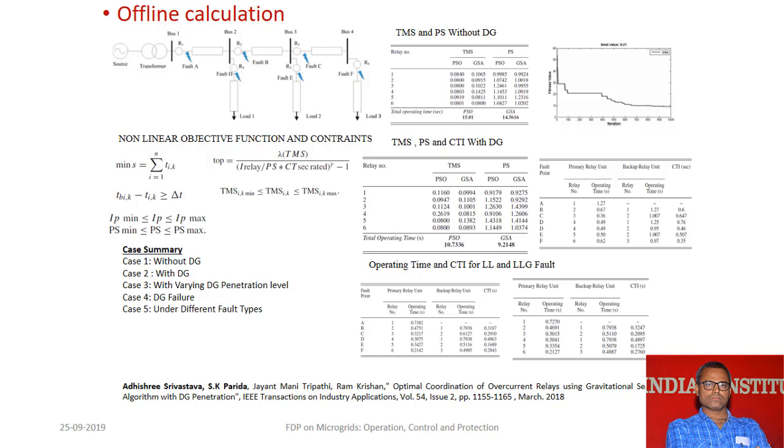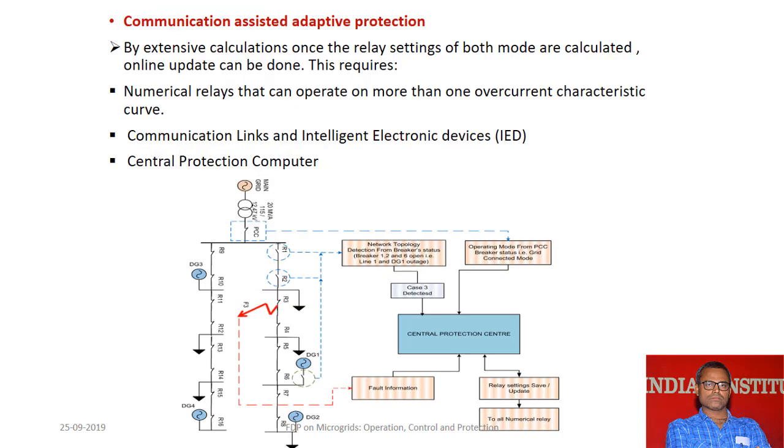So here the objective function is to minimize the operating time of the relay, right? This is another type of scheme, which we call communication assisted adaptive protection, where, as I told you, the settings should be adjusted based on the operating mode.